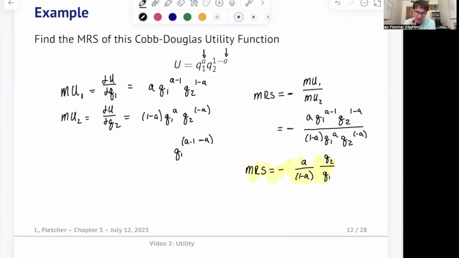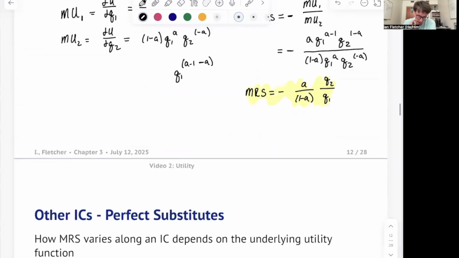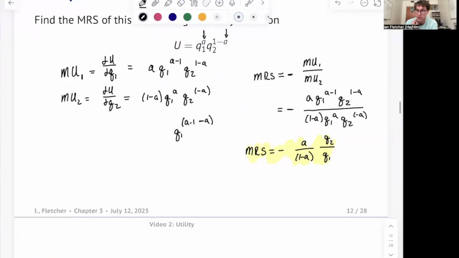Okay? So if we wanted to do an example with this, let's figure out what the marginal rate of substitution is. If we're given utility equals Q1 to the 0.4, Q2 to the 0.6, and here, actually, let's write this a little bit better. Let's give ourselves a box to be cleaner.